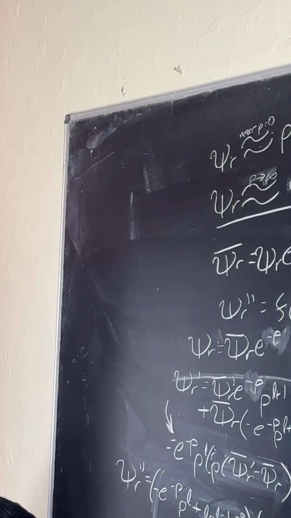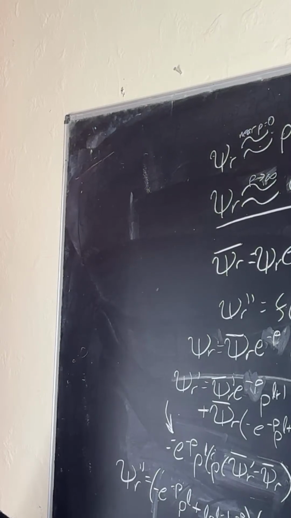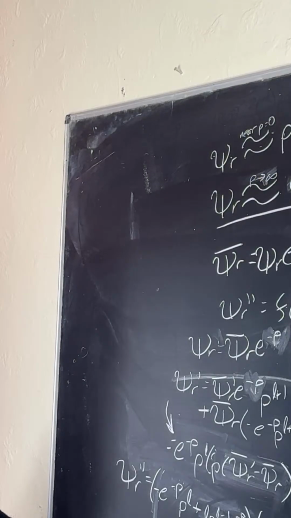Rho times psi r overline prime minus psi r overline plus L plus 1 psi r overline, plus this gets factored out and just becomes rho, and on the inside you get the exact same thing.